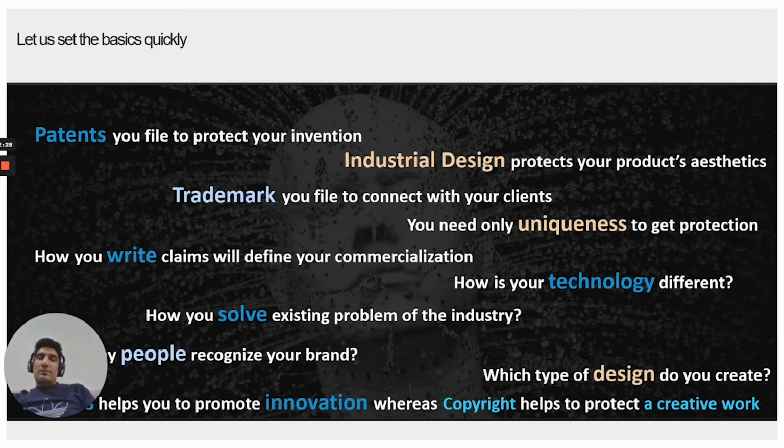So the patent usually goes with an invention. If we imagine any product which is new in the industry or which is being developed by companies with a small innovation, then it calls for patents.